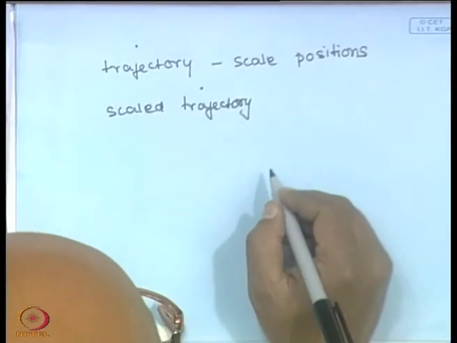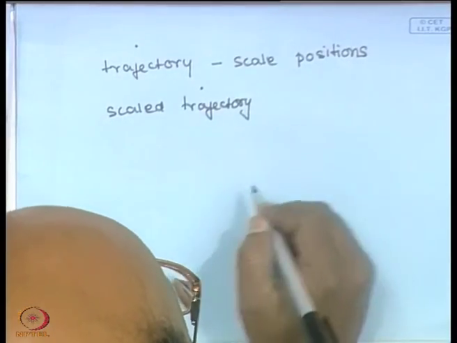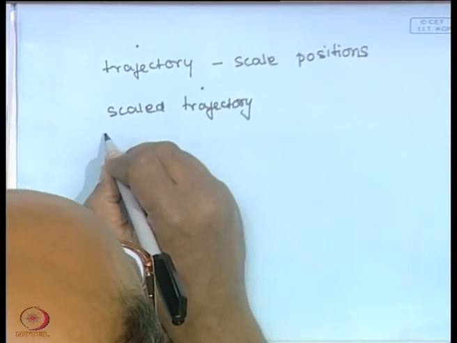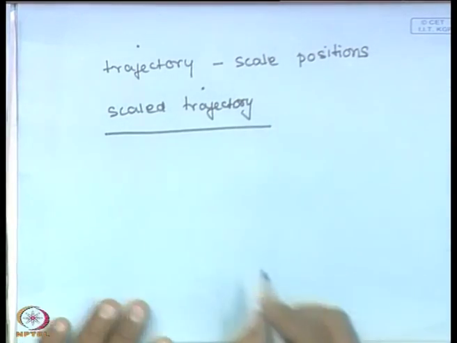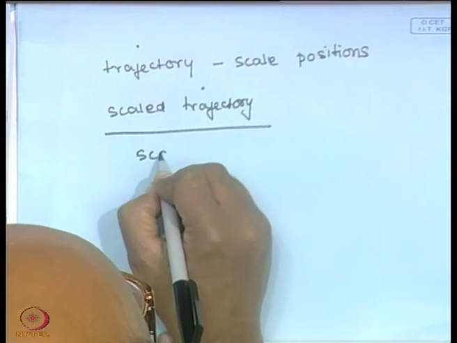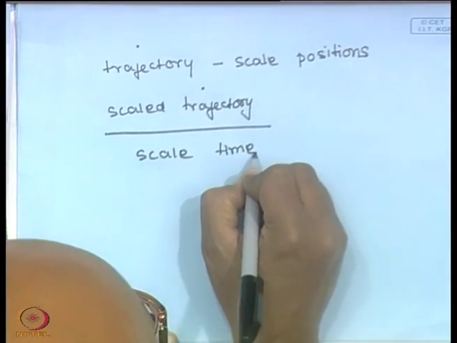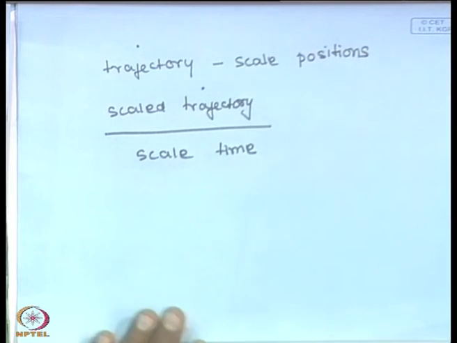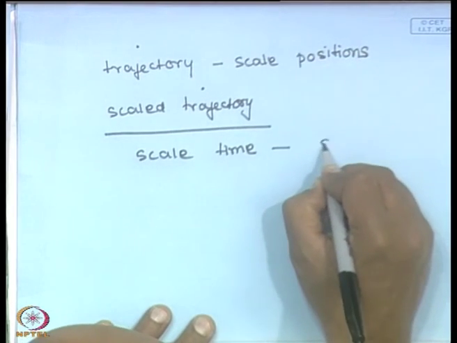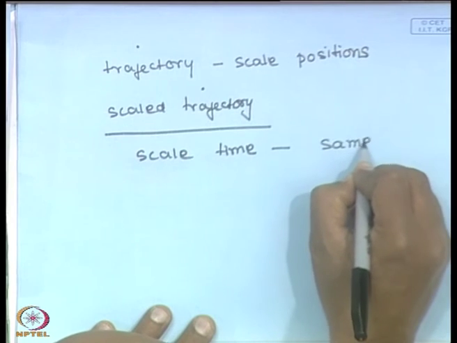So, if I scale the positions, I will get a different scaled trajectory. If I scale the time in a different way, then I will get back the same equation of motion, same time trajectory.